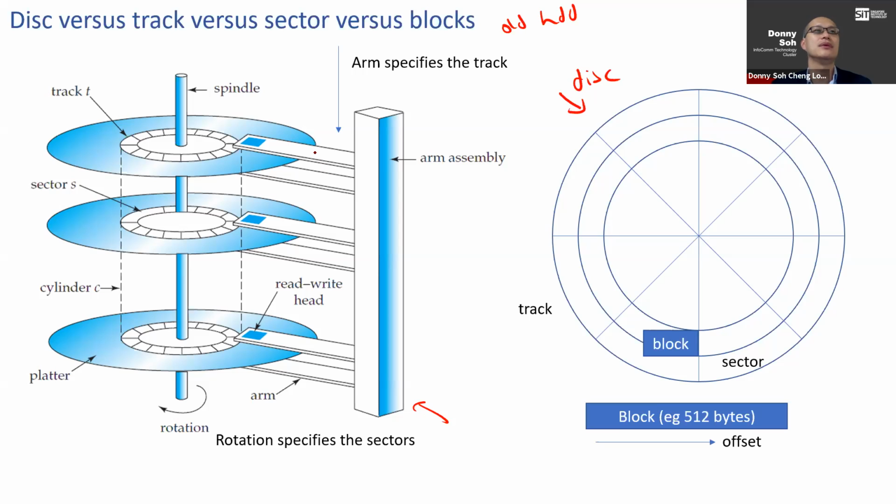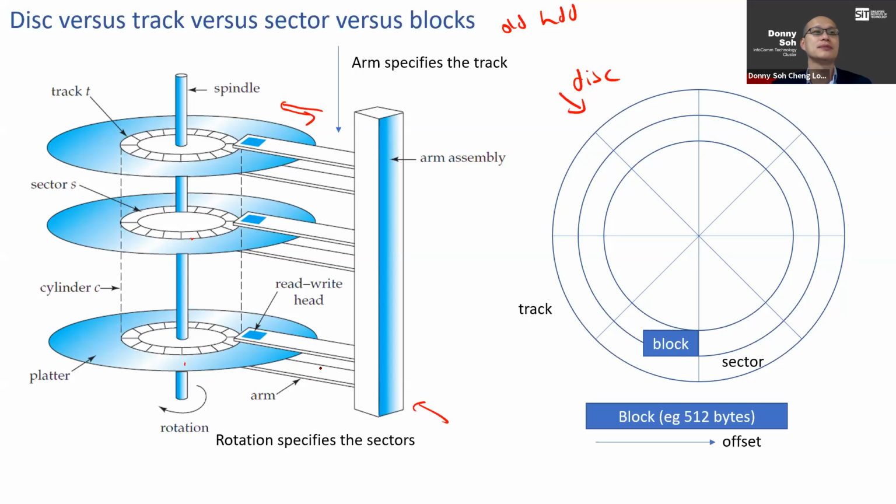Firstly, the arm will determine which platter you want to read from, since there are multiple platters.